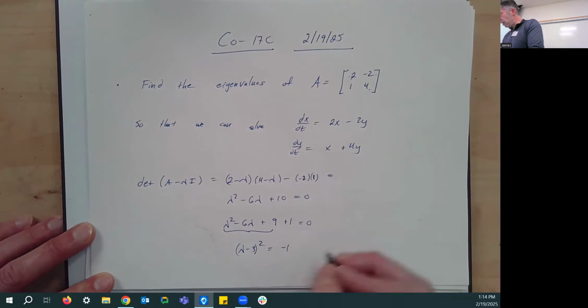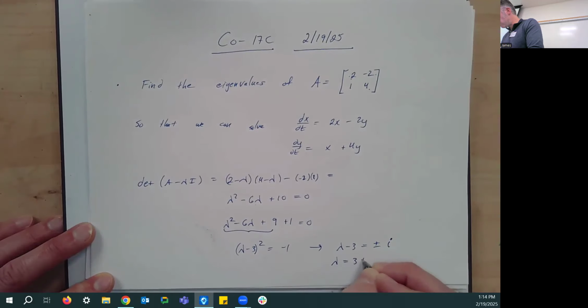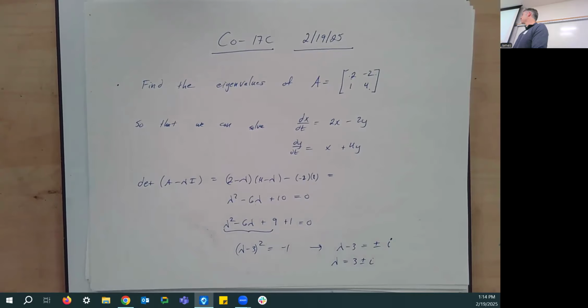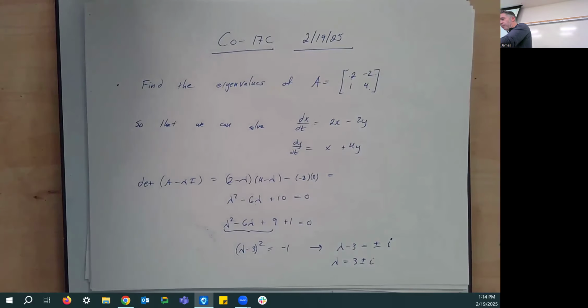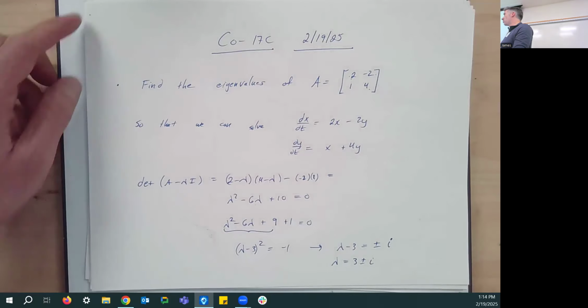So then lambda minus 3 is equal to plus or minus the square root of -1. So lambda is equal to 3 plus or minus i. Technically, you can do this all the time. It's only really convenient to do it if your coefficient of lambda is even. Otherwise, it just kind of gets gross.